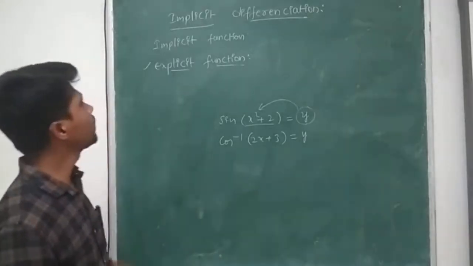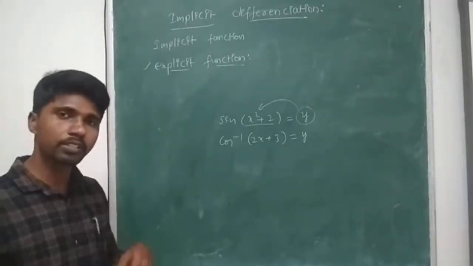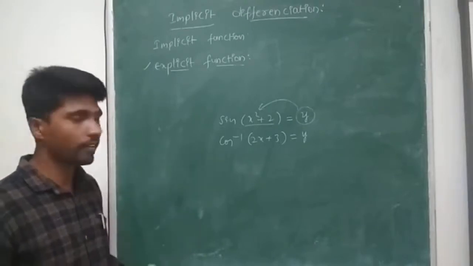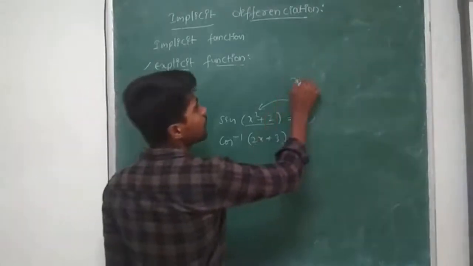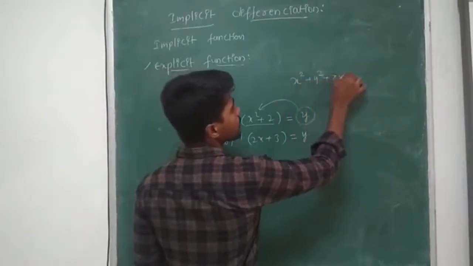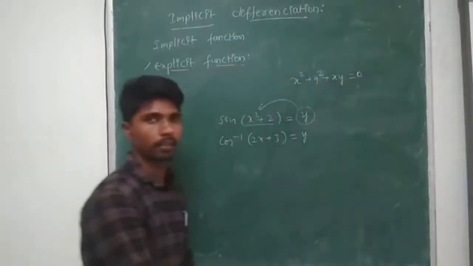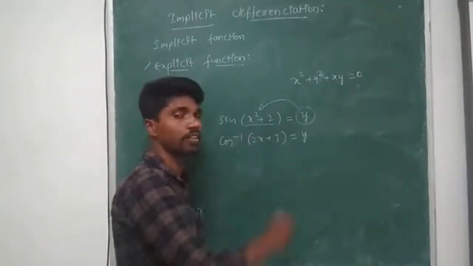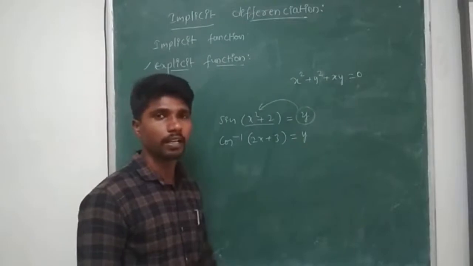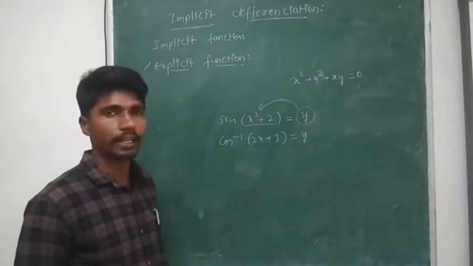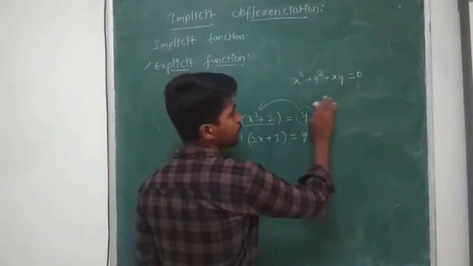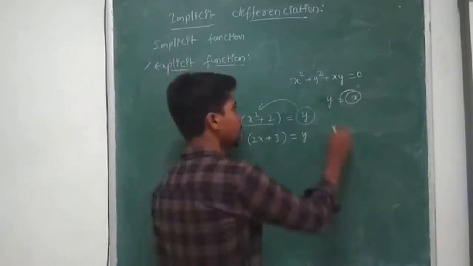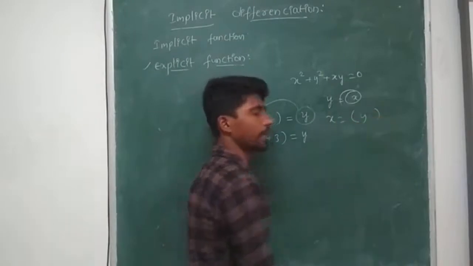Now we are going to implicit differentiation. First we have to know what is an implicit function. Suppose you have x^2 + y^2 + xy = 0, right? We have an equation. Before saying it is a function, let it be an equation. In this particular equation, I cannot express either y in terms of x or x in terms of y.